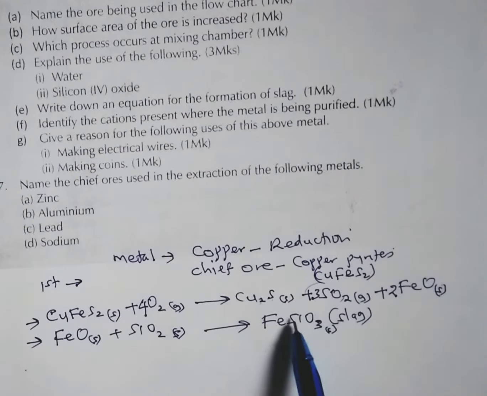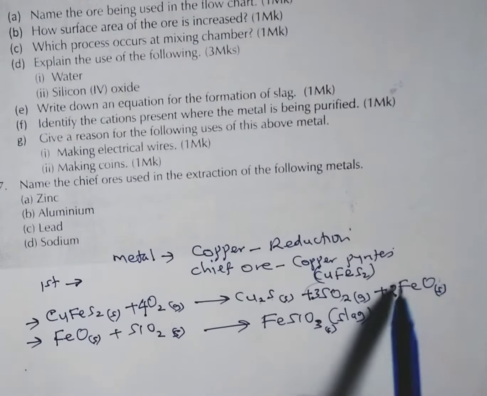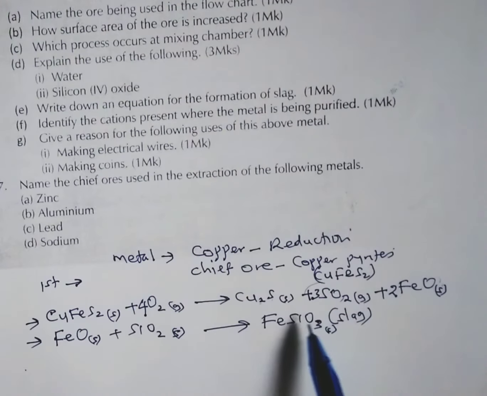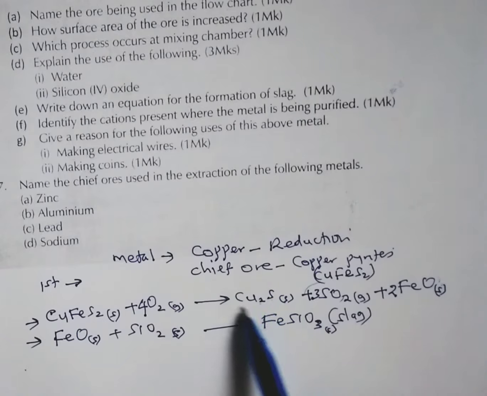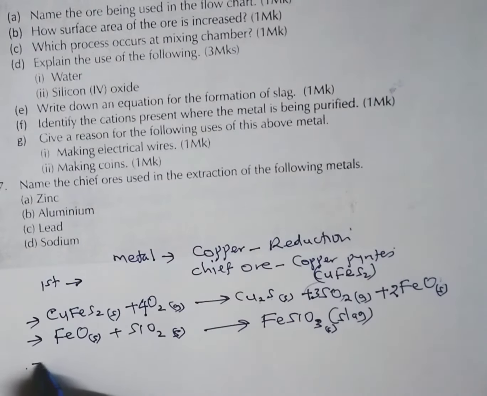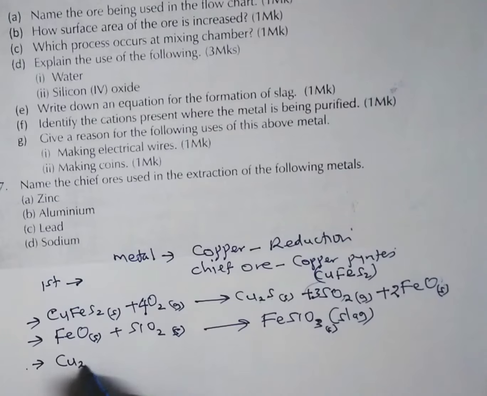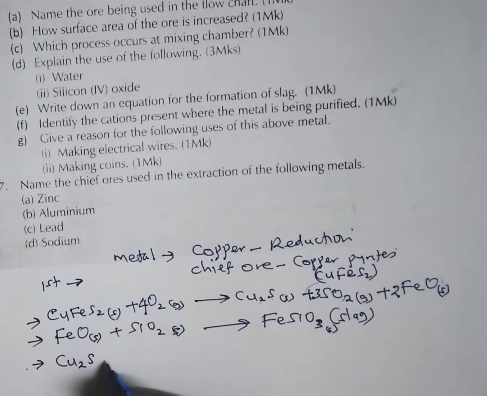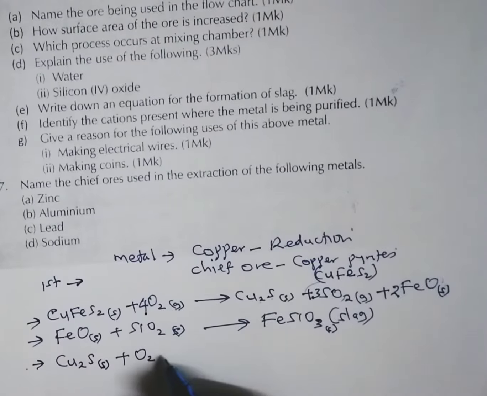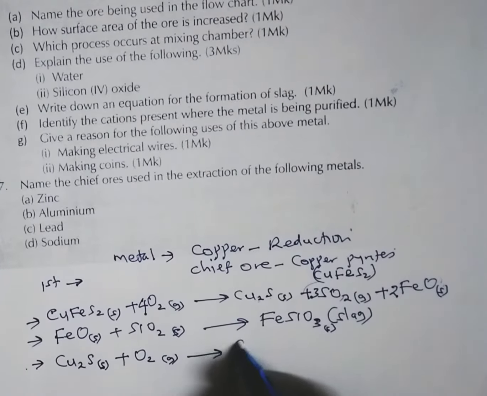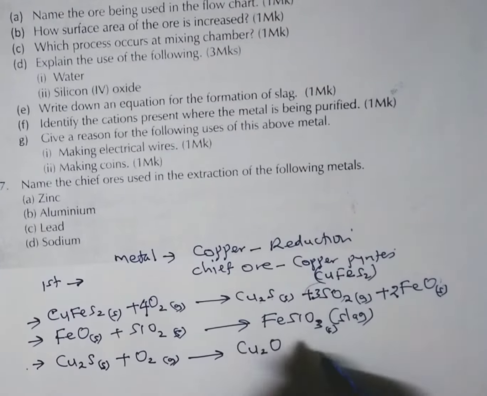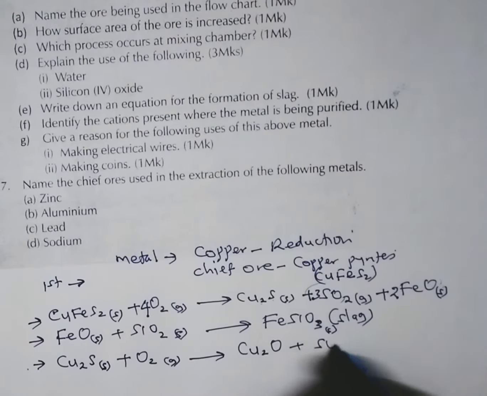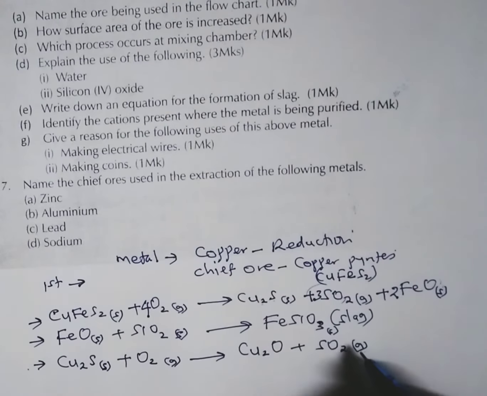Once we get rid of iron 2 oxide as our impurity in this particular ore, we are going to remain with copper 1 sulfide. The copper 1 sulfide that remains after we have removed iron 2 oxide is again roasted in controlled amount of air, and this one converts it into copper 1 oxide plus, of course, sulfur 4 oxide gas.